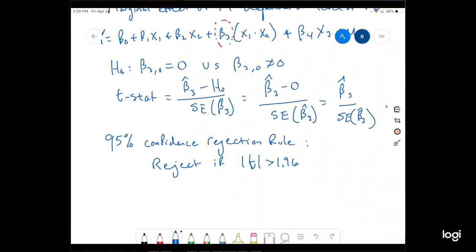Okay, now you suspect that the effect of x1 takes on a nonlinear relationship. In fact, you suspect that lower levels of x1 have very little impact on y, but as x1 increases, the effect of x1 on y increases. In other words, you think that the effect of x1 on y is increasing with the level of x1.